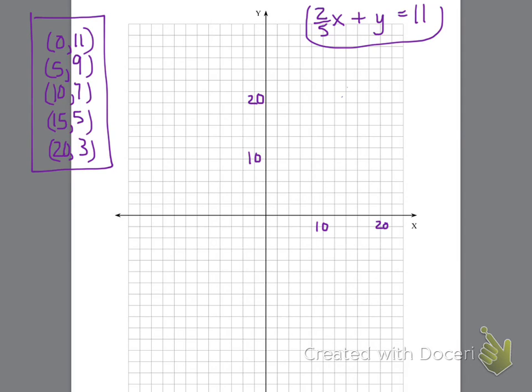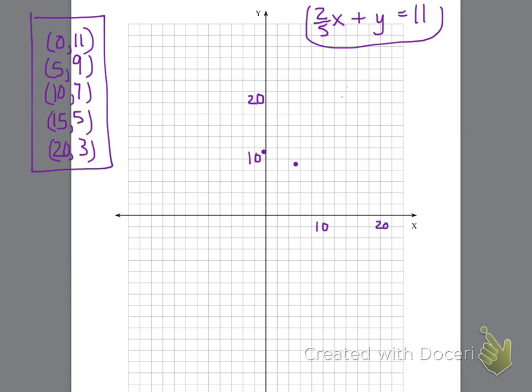So let's plot the first point: when x is 0, y is 11. So that would be about right there, (0, 11). When x is 5, now we're going to have to go in between the grid points. So when x is 5, y is 9, about right there. I'm going to plot the rest of those while you do it, and then you can come back and check your work.